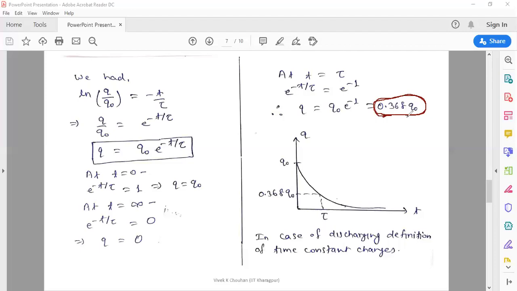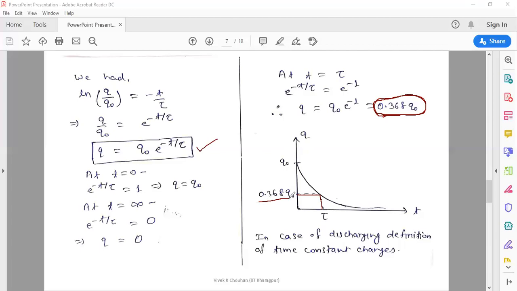Is it clear? Now, this is the graph of charge over the capacitor. We can see it is decreasing exponentially, which is suggested by the equation also. In one time constant, the remaining charge over the capacitor is 0.368 q naught.